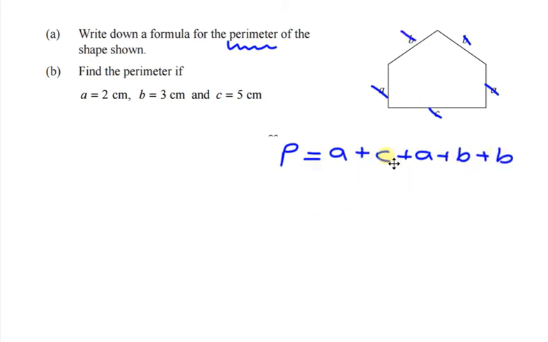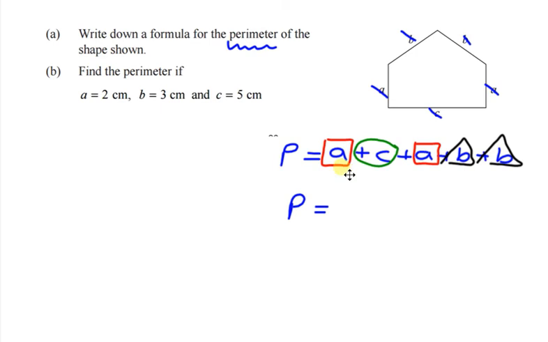Now, you could leave this just like this and plug in the numbers and be perfectly fine, but we always want to try and combine like terms. So P equals, here's my A, here's another A with no exponent, here's a C, no other C, and here's a B plus another B. So let's try and combine those terms.